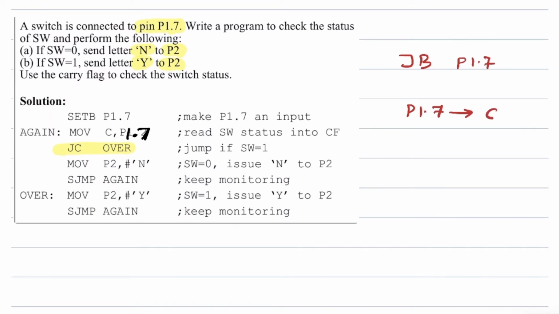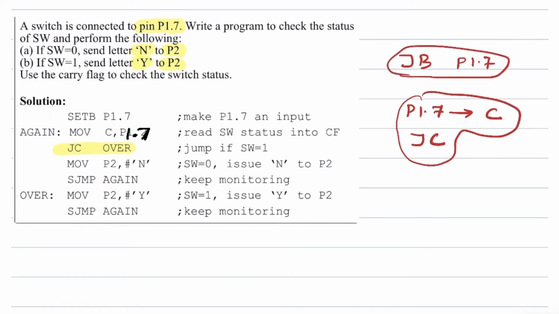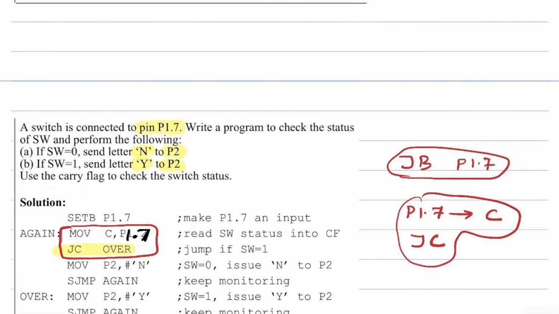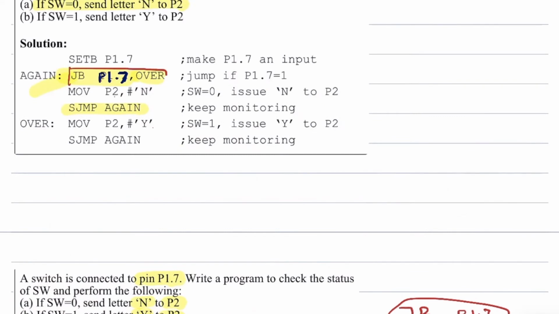These two instructions together replace this one instruction. That's all the difference. We have two instructions, MOV C, P1.7 and then JC, whereas here we have only one instruction, JB, which checks the status of P1.7.